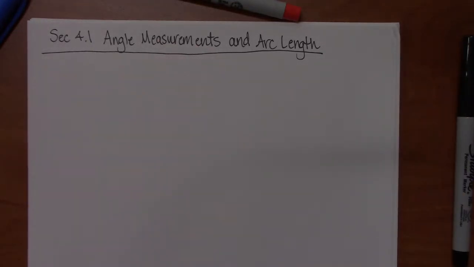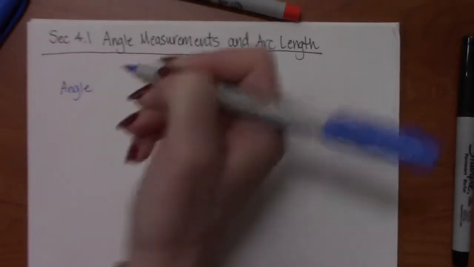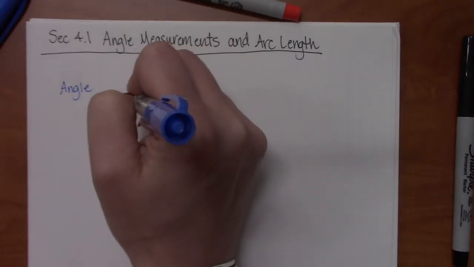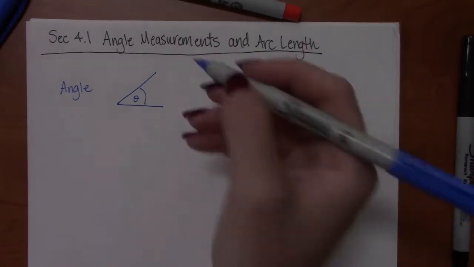So one thing to make sure we understand, when we draw an angle, everybody's kind of used to seeing this, right? An angle, we talk about two lines, and it's going to be the rotational distance between those two lines. But we have to make sure that we start and finish in the right place.